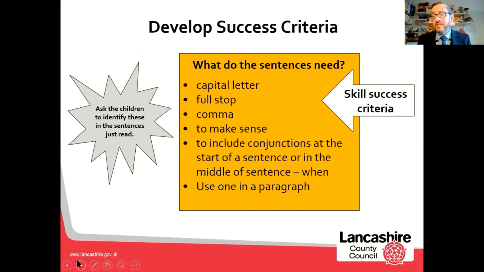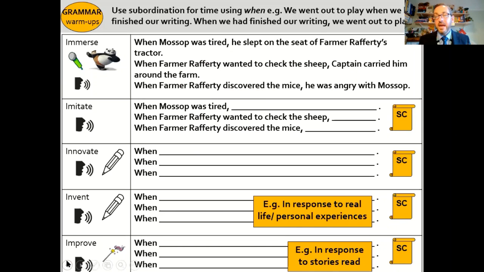The children should be able to tell us they need a capital letter, a full stop, a comma, they need to make sense, they need to include conjunctions at the start of the sentence or in the middle of the sentence, in this case when, and they need to use one in a paragraph. So we want the children right from the outset to start practicing these sentence types within short writing opportunities. Okay, so that's Monday. They saturated with the sentence type and they've developed their success criteria, which they'll use throughout the week to check the sentences.